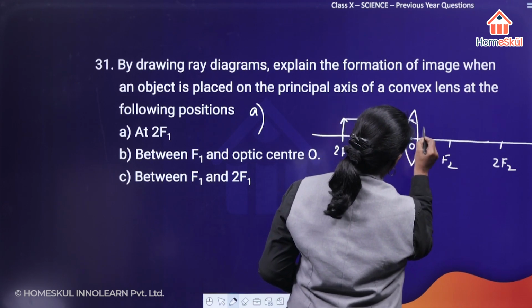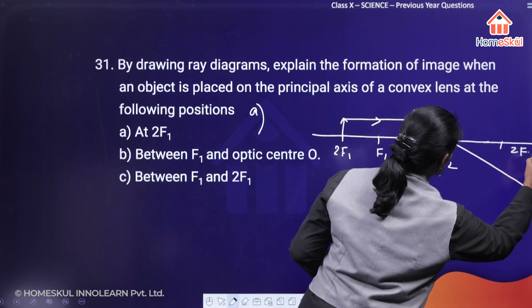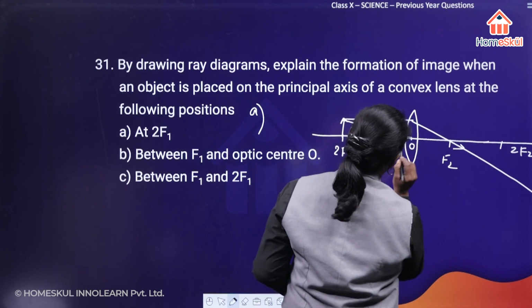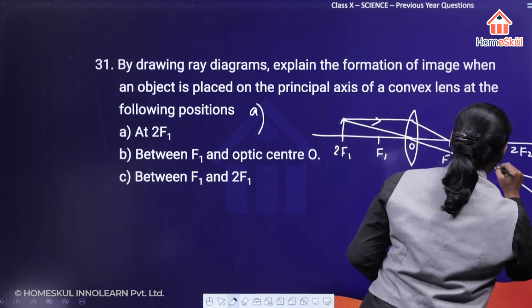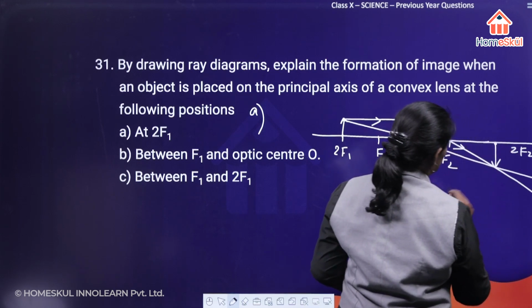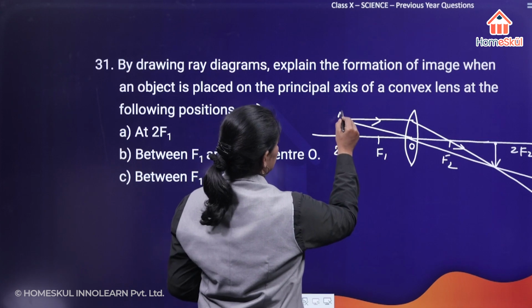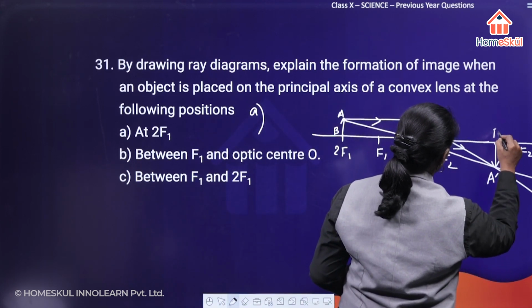First ray parallel to the principal axis passes through the focus. Now the second ray, it passes through the optic center and it meets the first ray at this position, which is again 2f2. And if you check out the size of the object is the same as the size of the image.